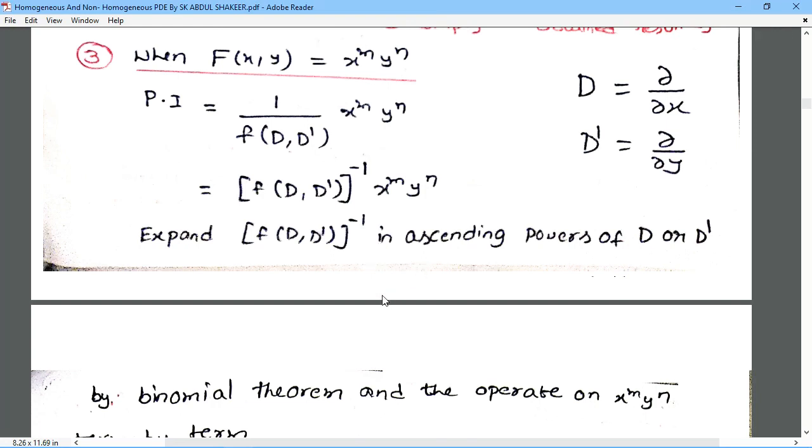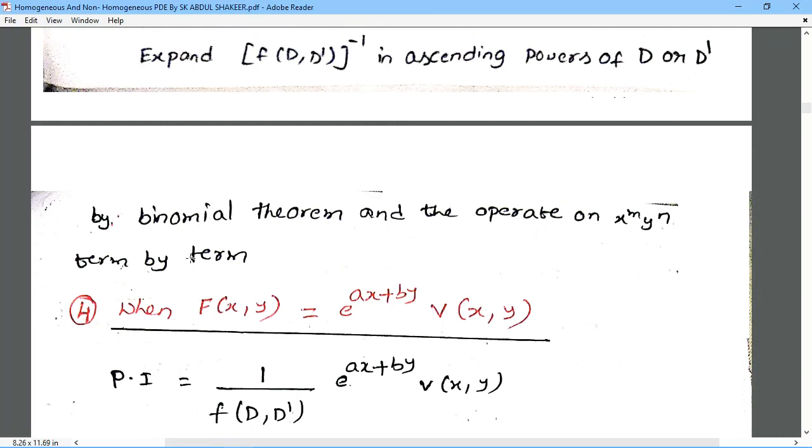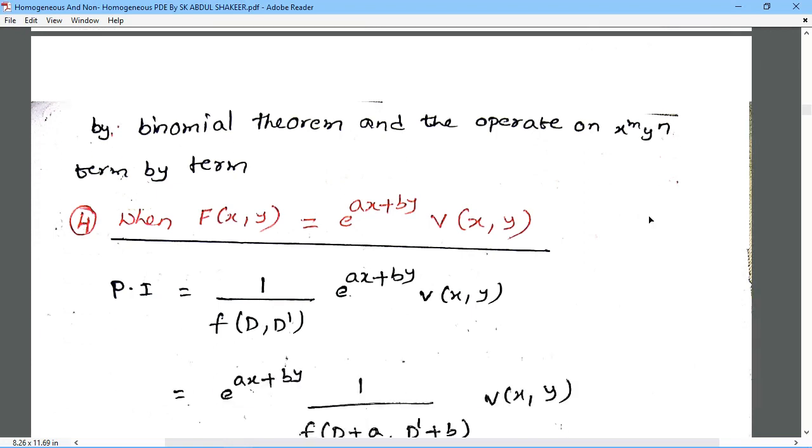By the binomial theorem, we expand the term and then operate the polynomial in x and y on each term of the binomial theorem expansion.